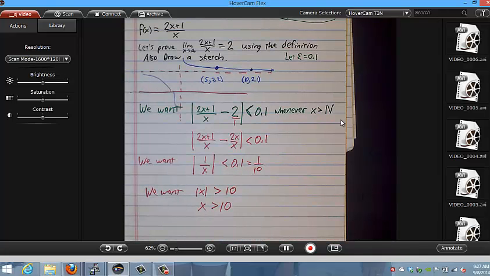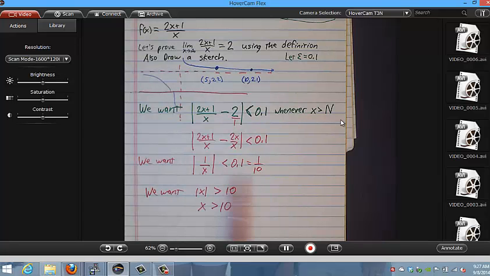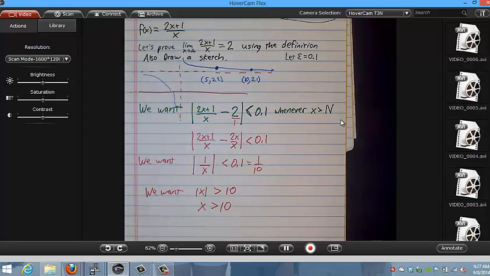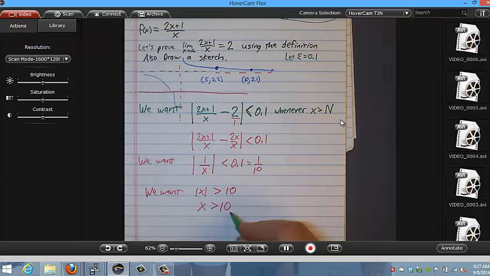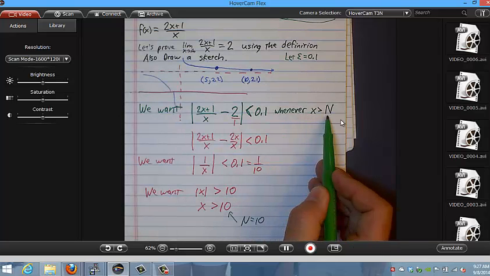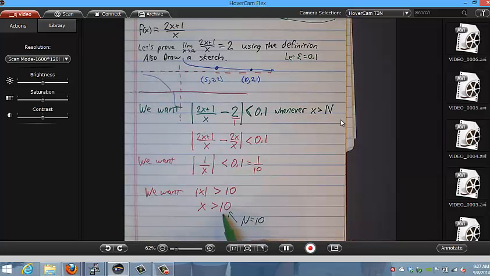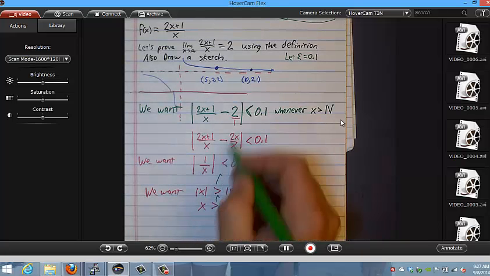Okay? It's like you take the reciprocal of both sides, but if you take reciprocals, you have to reverse an inequality. Because like 1/12 is smaller than 1/10, even though 12 is bigger than 10, right? And you could see that this is going to work. What do we choose for n? N equals 10. Now we'll have it. Whenever x is bigger than 10, we will have this, and working backwards, we'll have what we wanted.